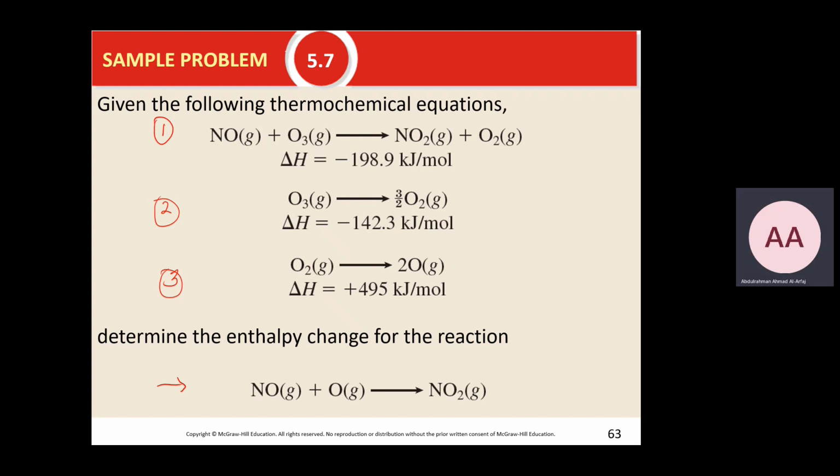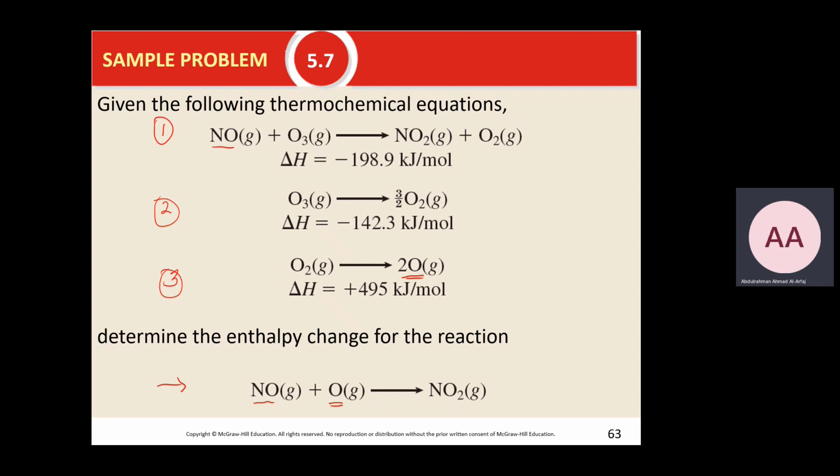I can see here the NO is available here and available here. So I will keep the first reaction as is. In the third reaction, I have 1 O here, I have 2 O here. So how can I make the third reaction? What should I do to make the third reaction give me only O?